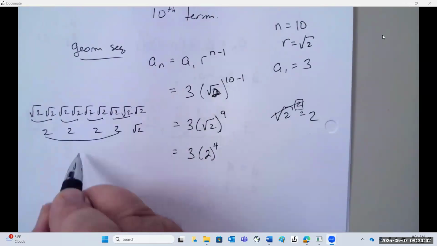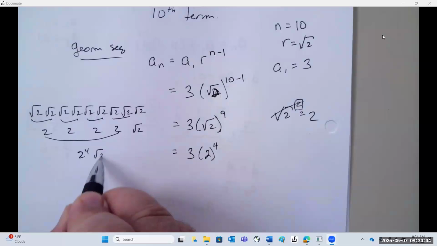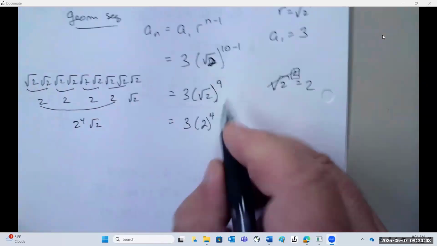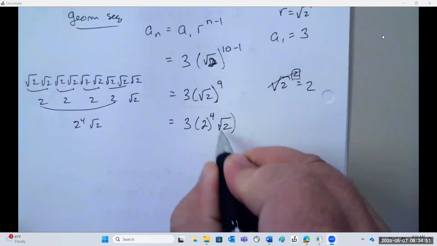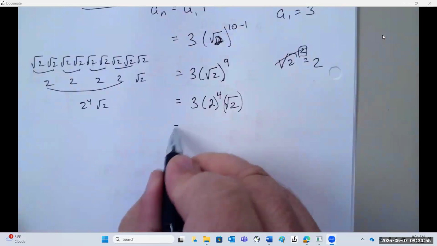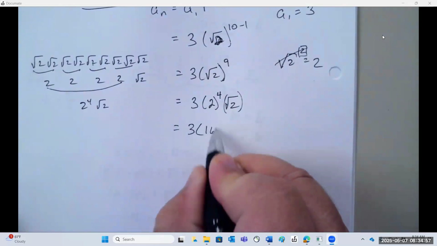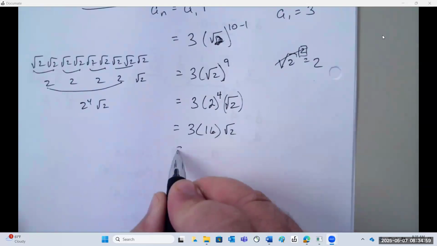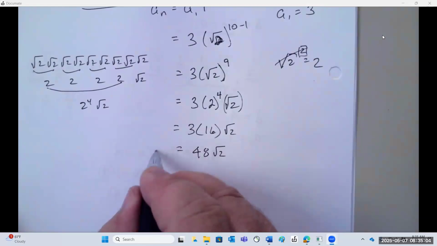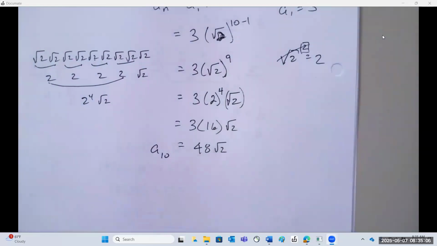And then we have 2 to the 4th, which is 16. So it's 48 root 2. That's the 10th term.